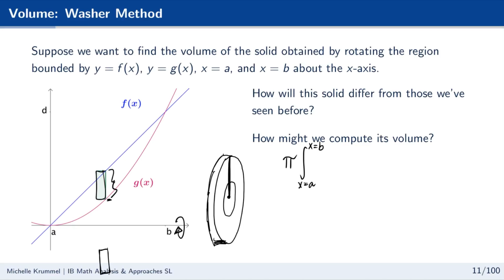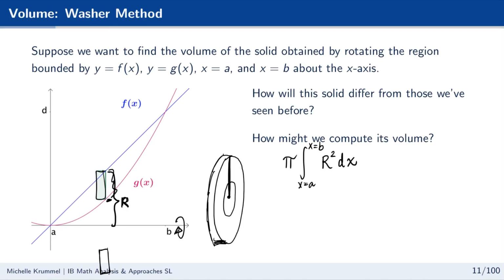So it wouldn't stop at the bottom of the rectangle. It actually goes all the way to the axis of rotation. That's what the radius is. And we're going to call this capital R, like big radius or outer radius. So big R squared dx. That would be the volume of the disk.